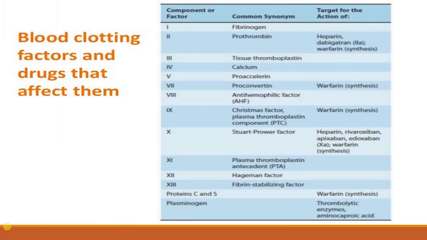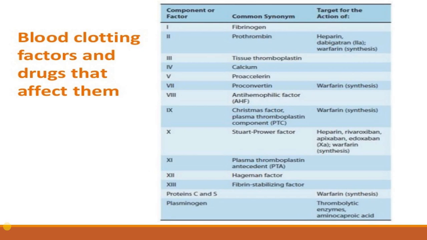Okay, next one is blood clotting factors and drugs that affect them. You all know that there are blood clotting factors that are helpful for blood clotting. Okay, the first component or factor, its common synonym and target for these actions.